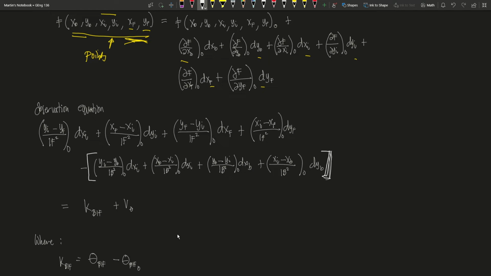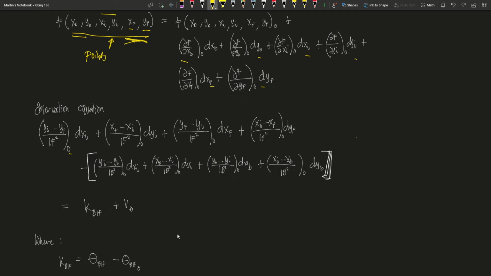But if you are able to memorize it, then good for you. Please take note of this subscript: this is y sub I minus y sub f over IF squared, not. Keep in mind, this is not.